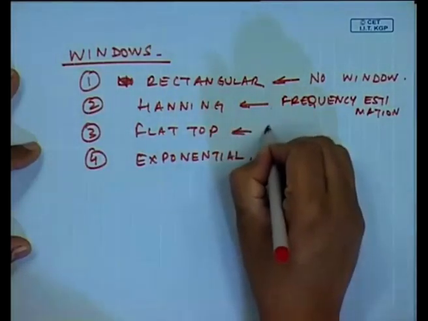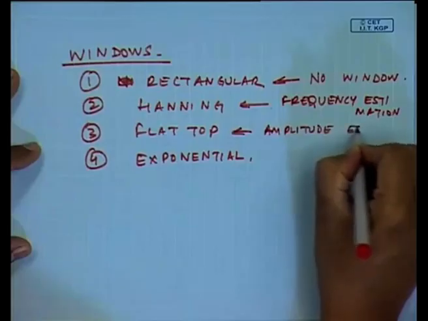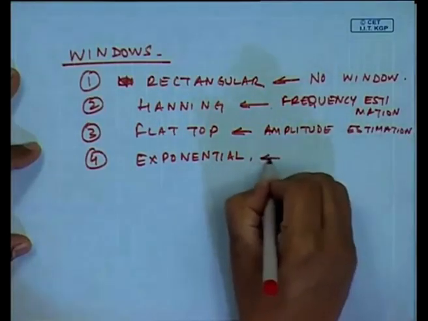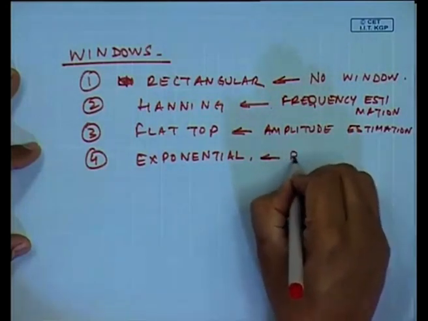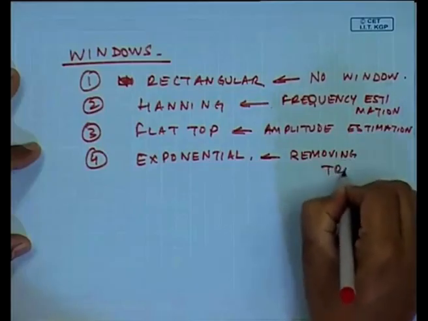This is for good amplitude estimation, and then this is for removing transients.